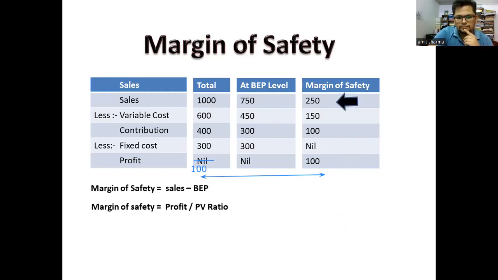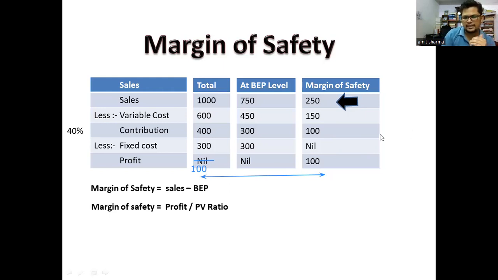Now we can also calculate margin of safety with the help of this statement. We are getting 100 rupees as profit, and we know that the whole fixed cost is absorbed by the break-even point. So there is no fixed cost above the break-even level.